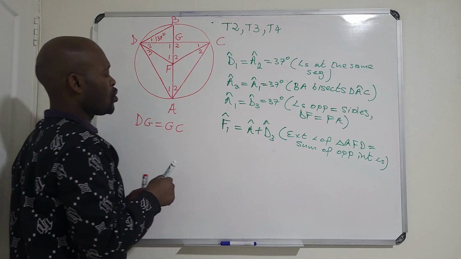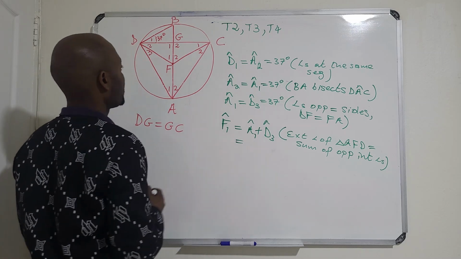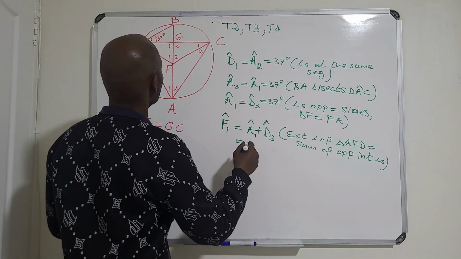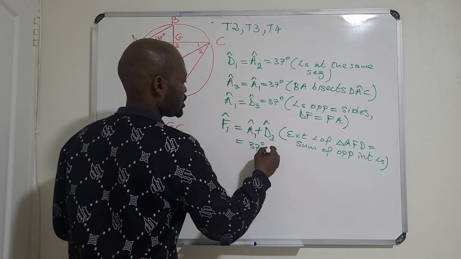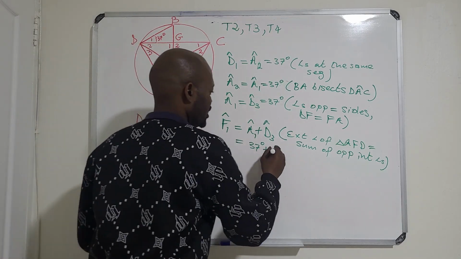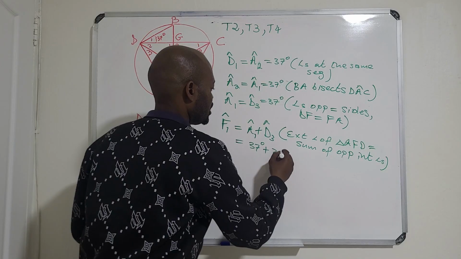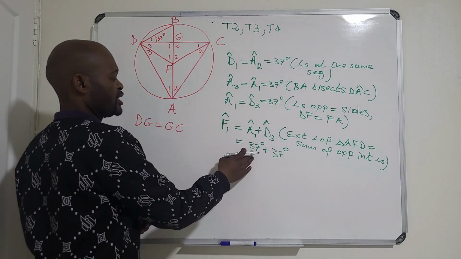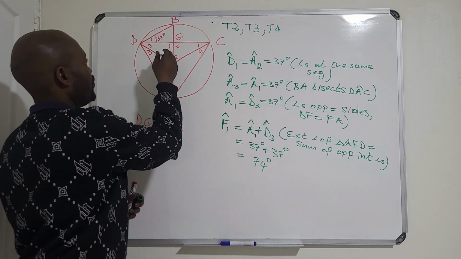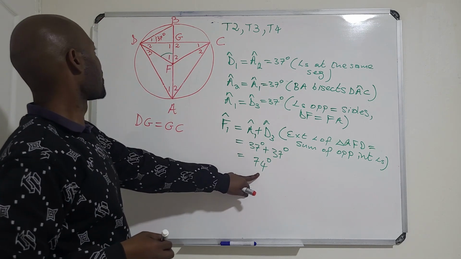Now, we do know angle A1, sorry, it must be angle A1 there. We do know angle A1, which is equals to 37 degrees, plus angle D3. These angles are equal. We've seen, which is equals to 37 degrees. This plus this is going to be 74 degrees. This angle here in green is 74 degrees.